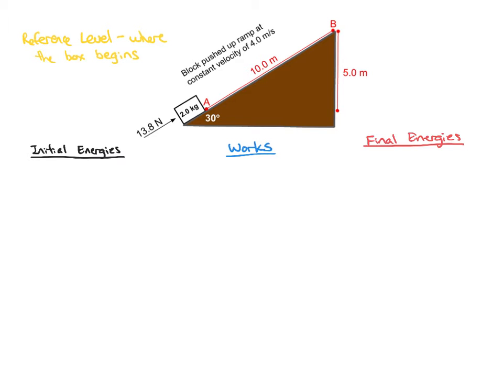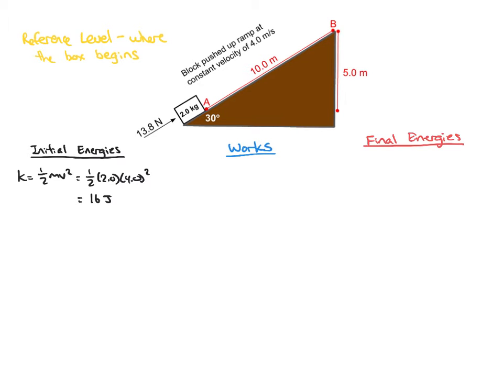So my initial kinetic energy is half mv squared. So it's a direct substitution of these values, 2 kilograms, and the speed is 4 squared. So that's going to be 16 joules.